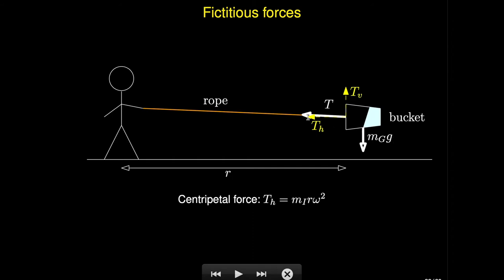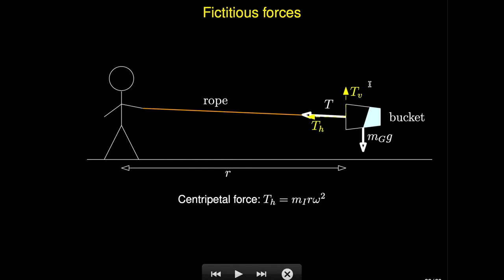And then we also have the tension in the rope, which will have two components, because the rope can't be totally horizontal. If it were, then gravity would want to pull it down a little bit again. So there's a horizontal component of the tension, which points inwards, and then there's a vertical component which goes upwards.